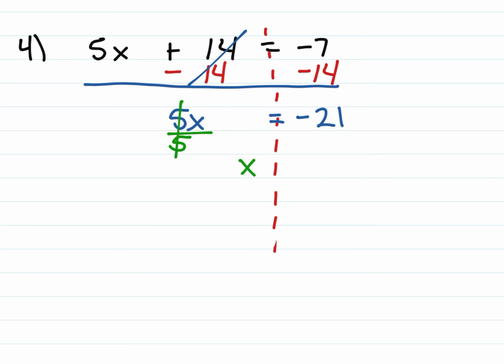If you do something on the left side, you also need to do it on the right. 5 fits into 21 4 times with 1 left over. This is a negative and this one is a positive. When they have different signs and you are multiplying or dividing, you get a negative answer.